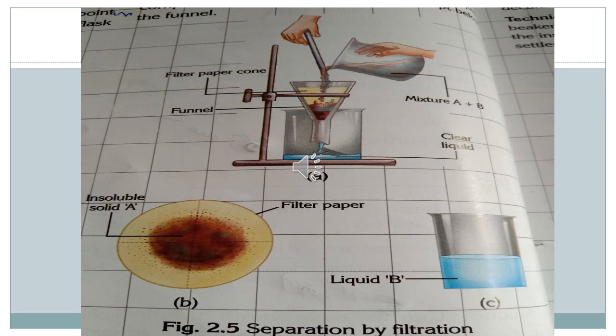Okay children, you see how the insoluble solid and the liquid are separated. This is the first method of separating a solid liquid mixture. We will see the next one.